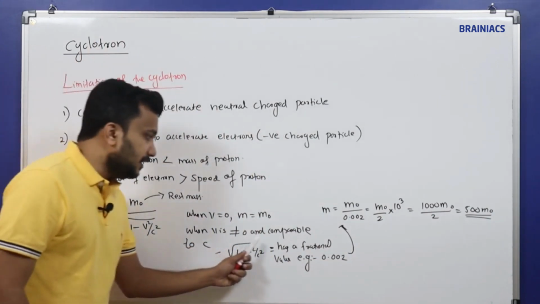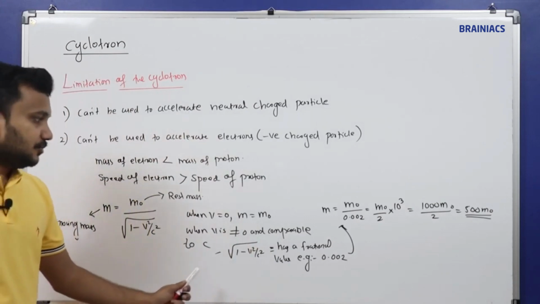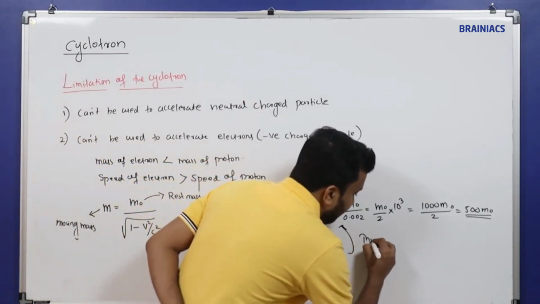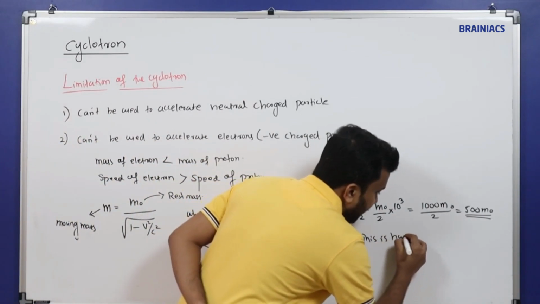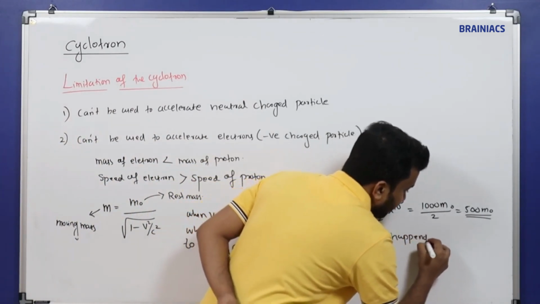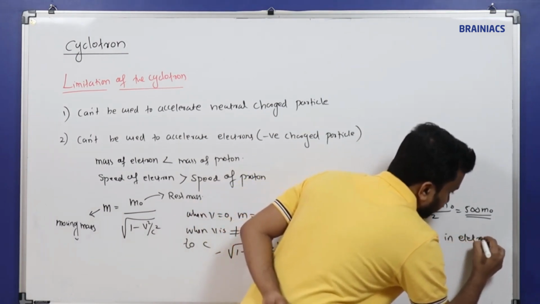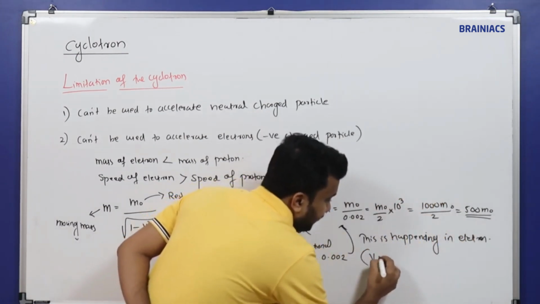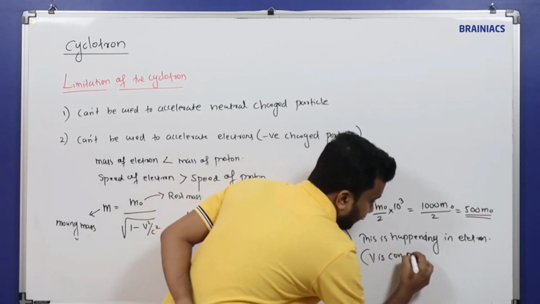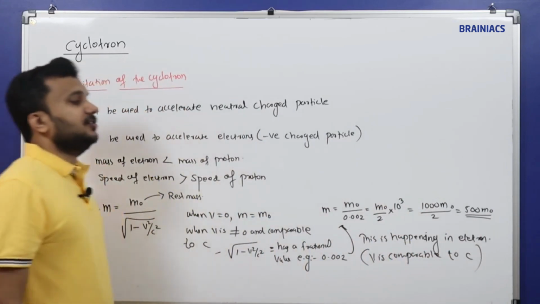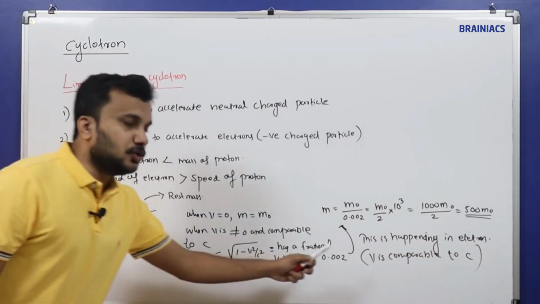Okay, so when v is not equal to 0 and comparable to c, if this value comes, this is happening in the electron. This is happening in the electron because v is comparable to c. v is not 0, v can be comparable to c.